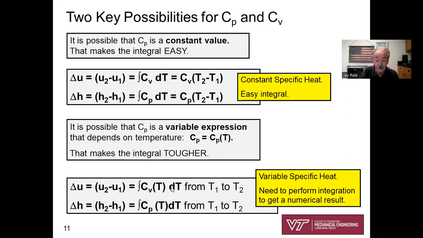So now we can't simplify our expression. Delta U is the integral of CV dT. Delta H is the integral of CP dT. So we're going to need a formula for these expressions in order to get a number for U2 minus U1 or H2 minus H1.